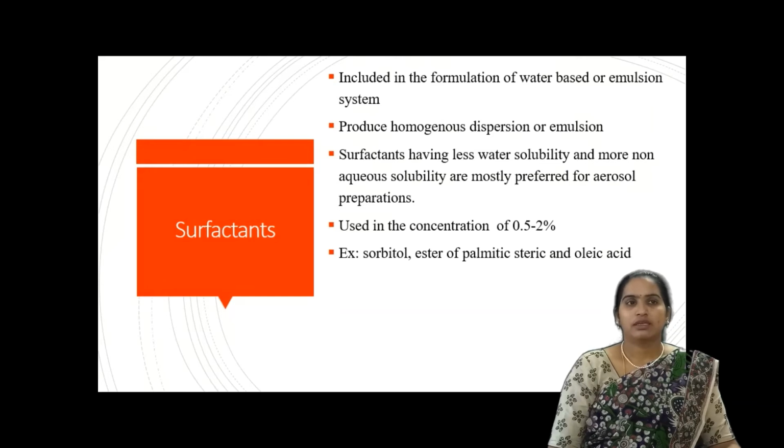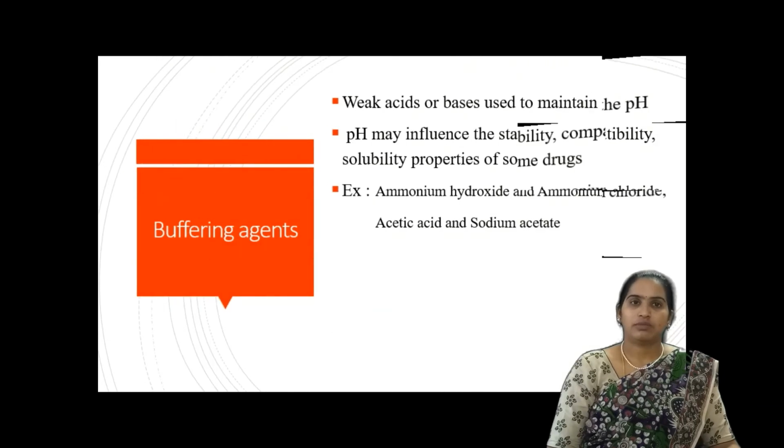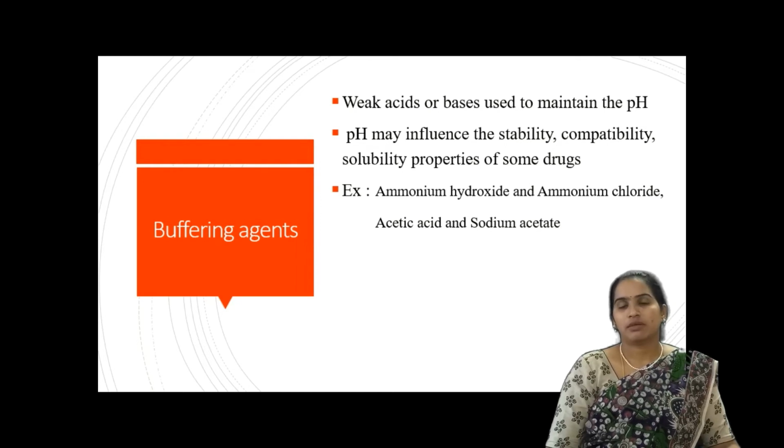Buffering agents. Normally these are weak acids or bases, used to maintain the pH. Some drugs require a specific pH for their stability, and only at that pH will they be stable.